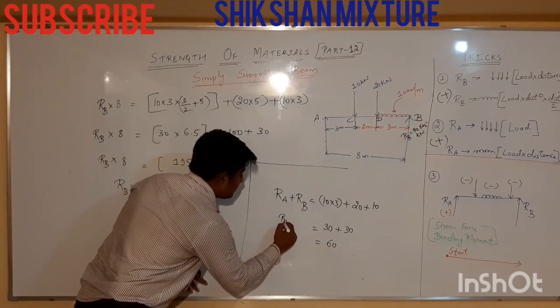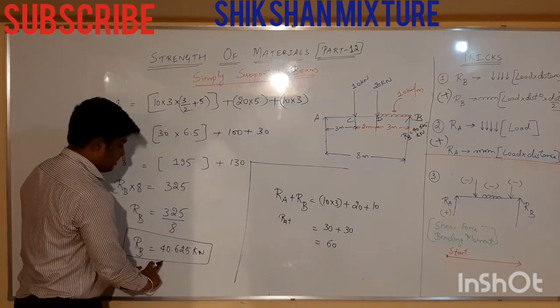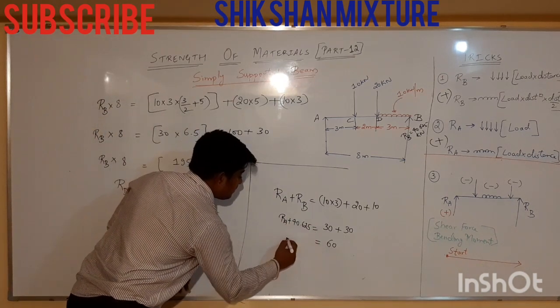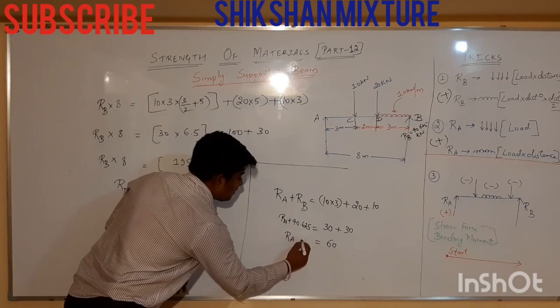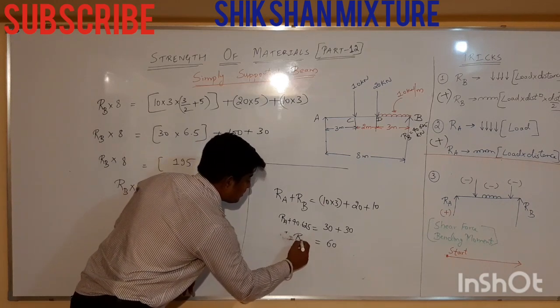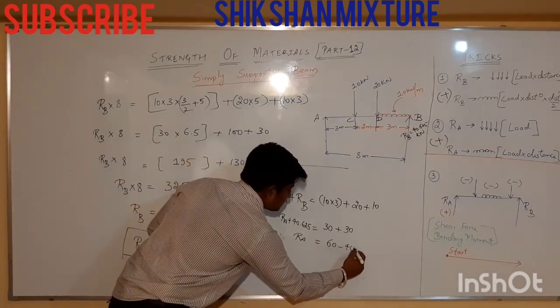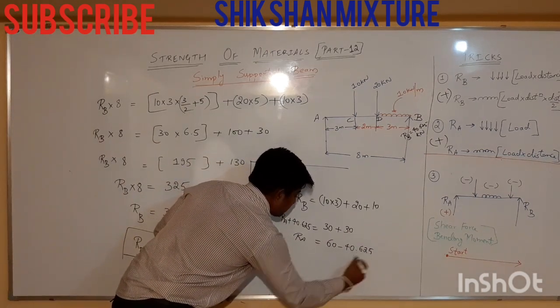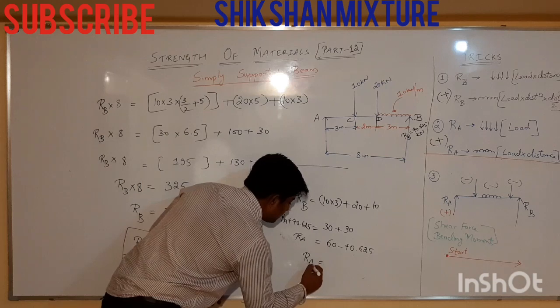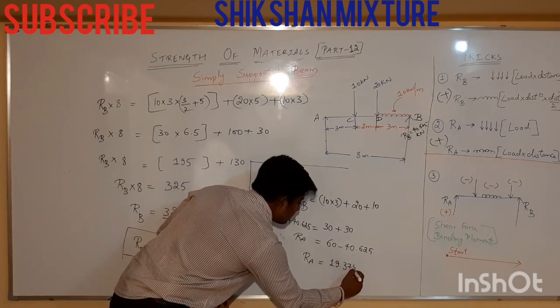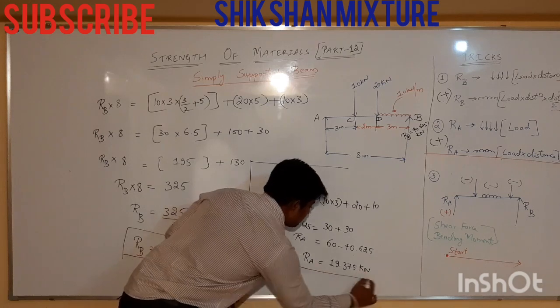And this is RA. I know RB. What is RB here? 40.625. RA: I will take 40.625 to the right-hand side, that will be minus 40.625, and the answer will be 19.375 kilonewton.